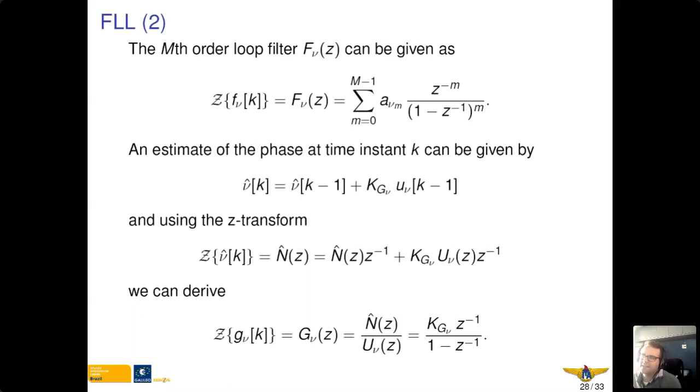This is the only thing that we're initializing. It's the same as for the DLL. We are initializing this loop with the estimate from the acquisition. And then the Doppler correction is updated after the integrator and the loop thus is closed.